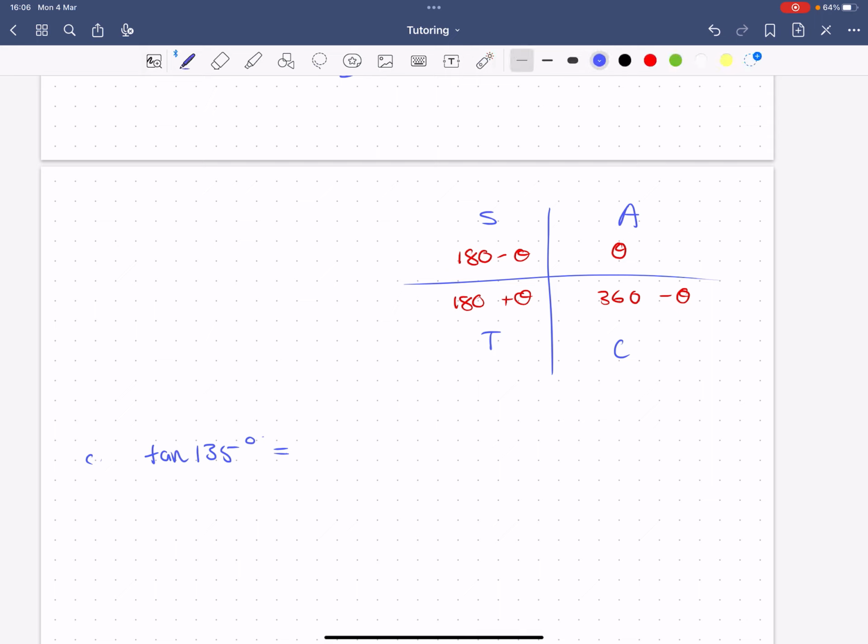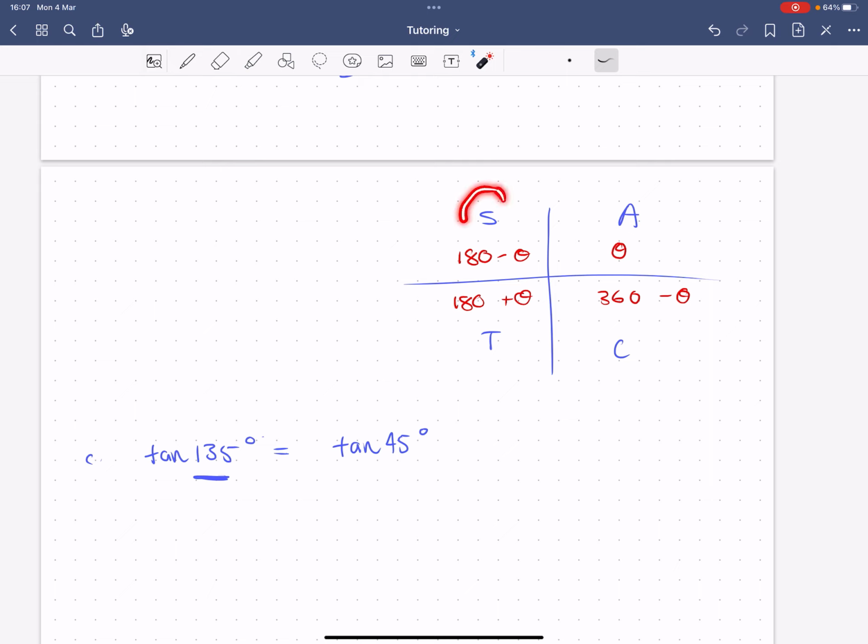So we're going to ask ourselves, 135 plus what is 180? And that's 45 degrees. Pardon me, 135 plus 45 is 180. Now this is where it gets different. We know that 135 degrees is definitely in the second quadrant, but we know only sine is positive in the second quadrant.